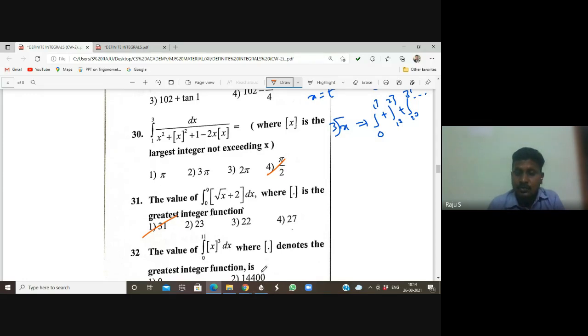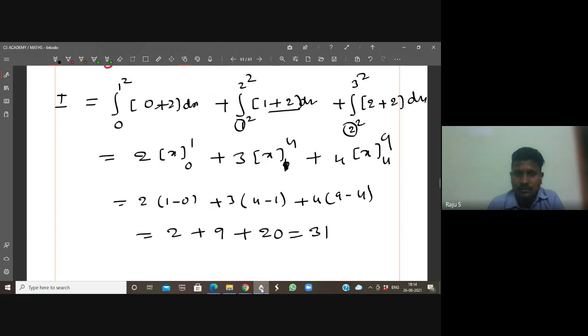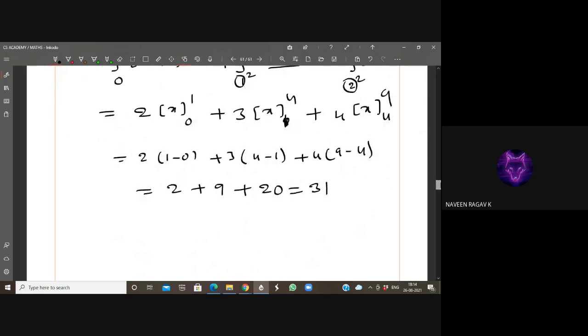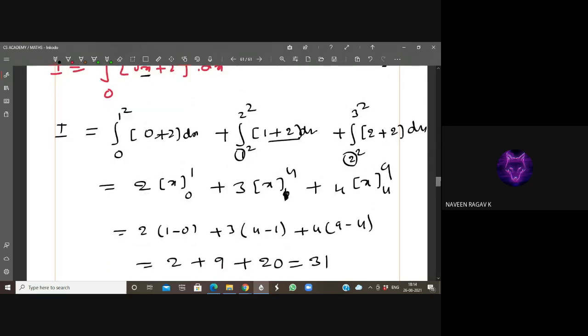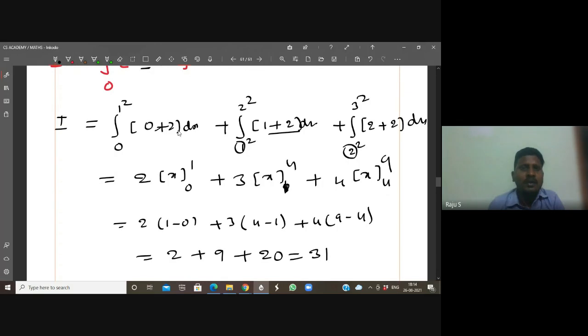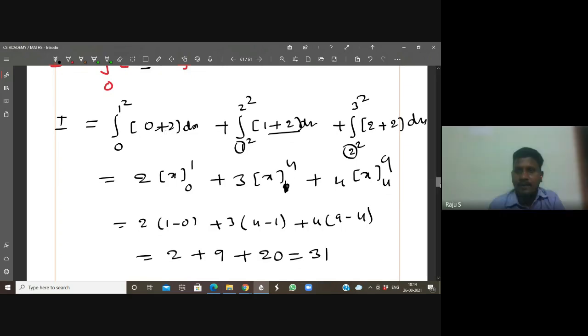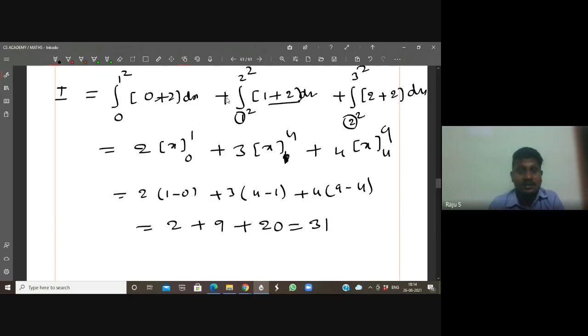Students, did you get my point here? Is it clear or any doubt? Sir, when do we substitute the lower limit in x? Whenever it is a greatest integer function. Without the greatest integer, we cannot. It is a greatest integer, so we substitute. I am giving the idea for every question related to greatest integer.